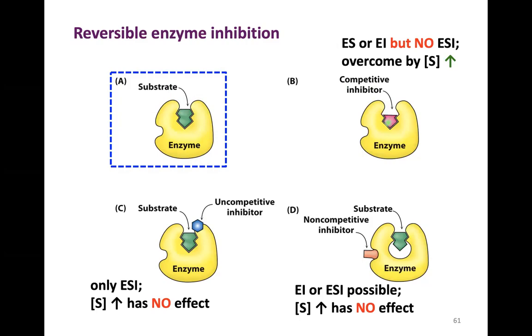You can see here that the competitive inhibitor binds to the active site. We can have uncompetitive inhibition, where only once a substrate is bound is there a very nearby binding site for the inhibitor. And the non-competitive inhibitor, the binding site for that inhibitor is quite distant from the active site. And so let's look at these in turn.